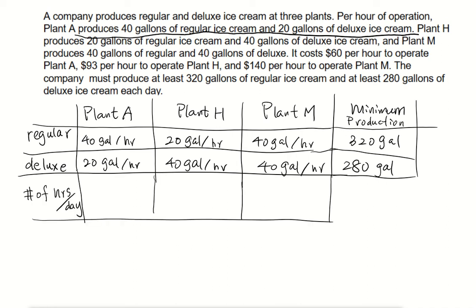Here we will set the number of hours of production per day for plant A as x1, plant H as x2, plant M as x3.